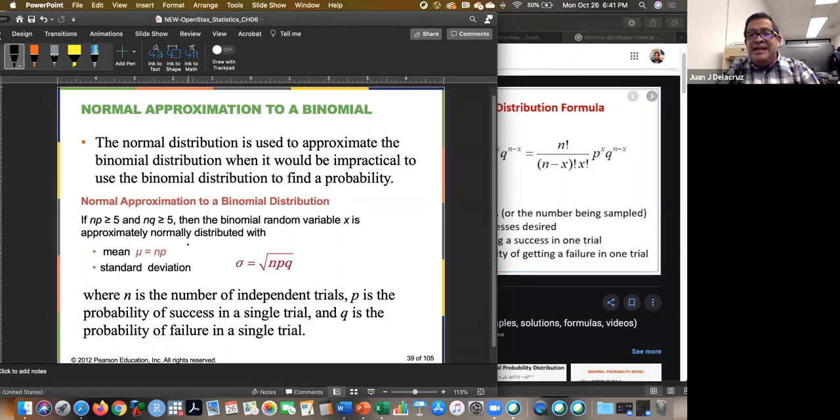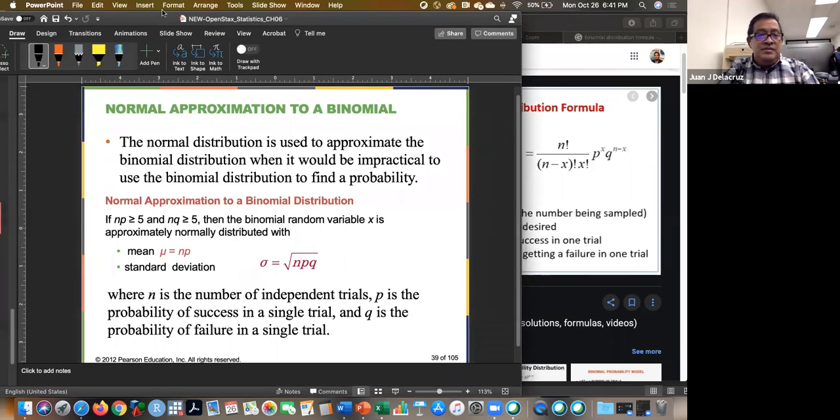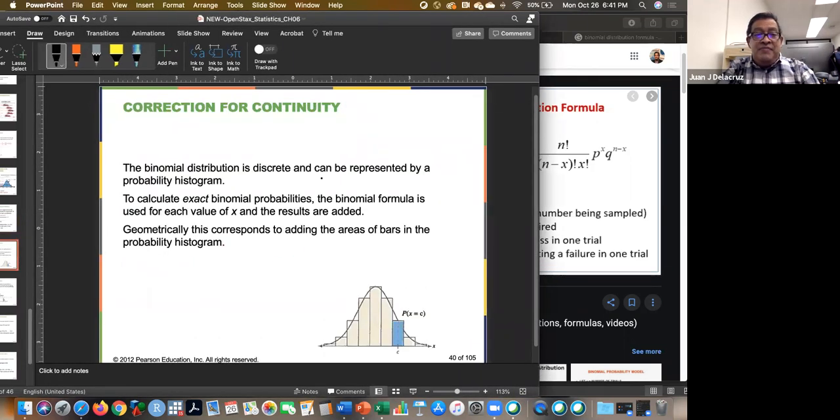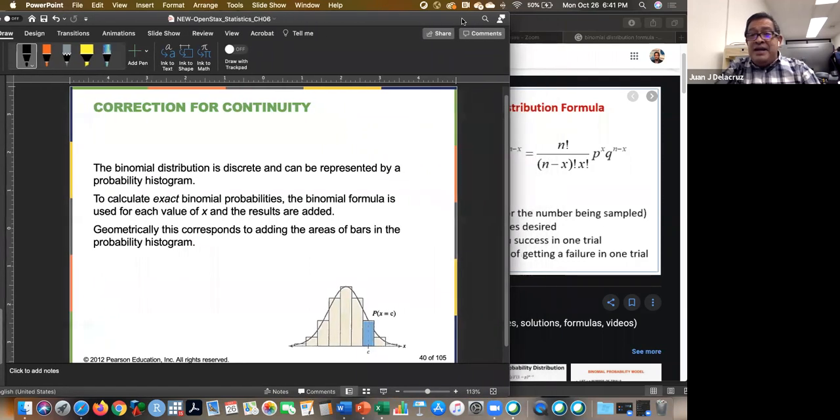It sounds simple, but after all these things, we have an additional requirement to fulfill. Remember, the binomial is a discrete distribution, so we are using a histogram, and the normal is a curve. When you fit the curve on the binomial distribution, you can see that these areas are not included in our computation.